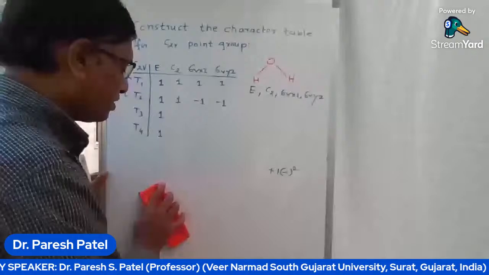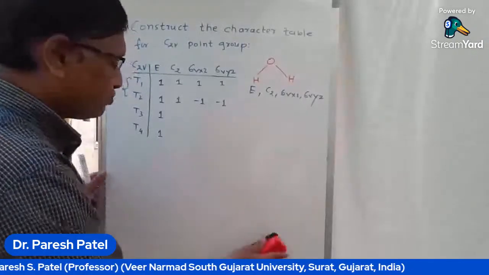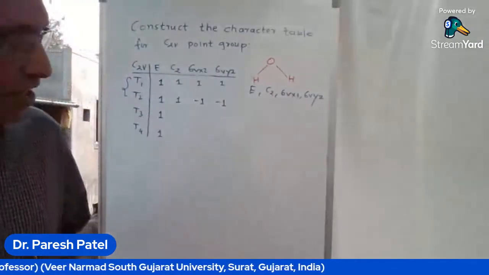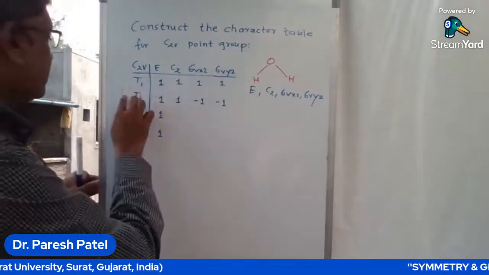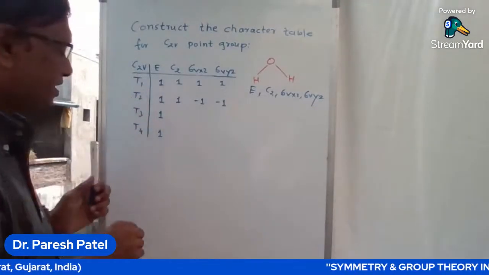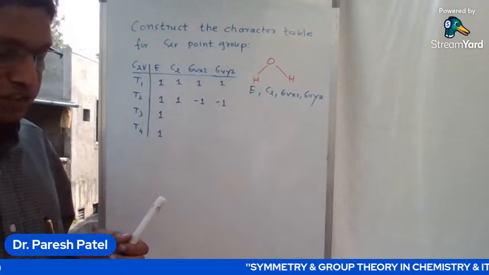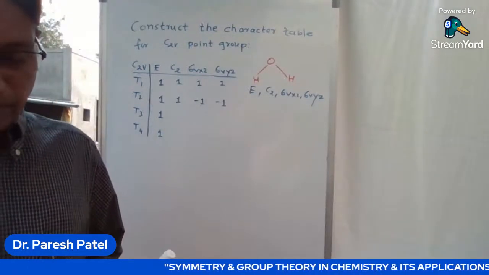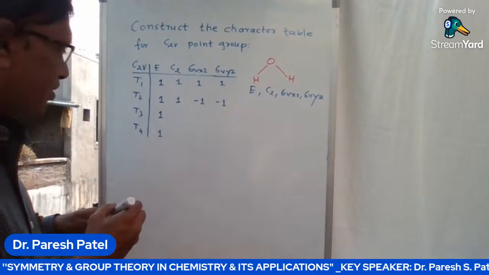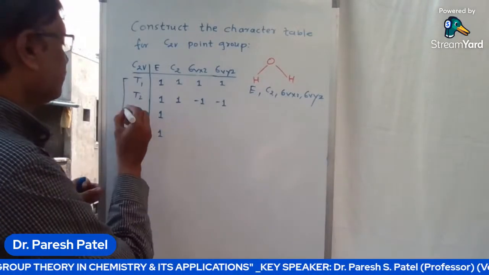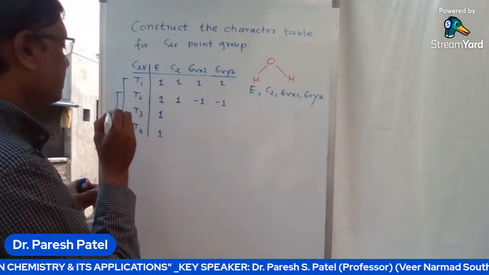Now to get the values for third irreducible representation, again we have to go for the characteristics number 4. The characters for irreducible representations are orthogonal to each other. So if we take T1 and T3 first, and then T2 and T3.